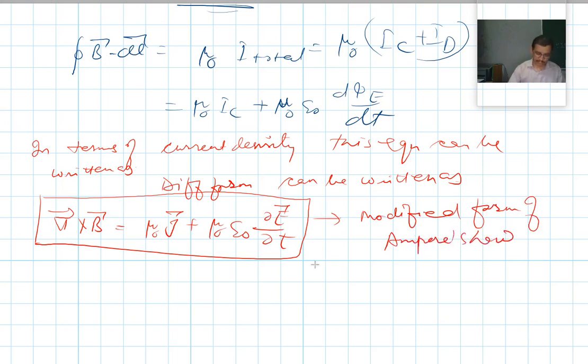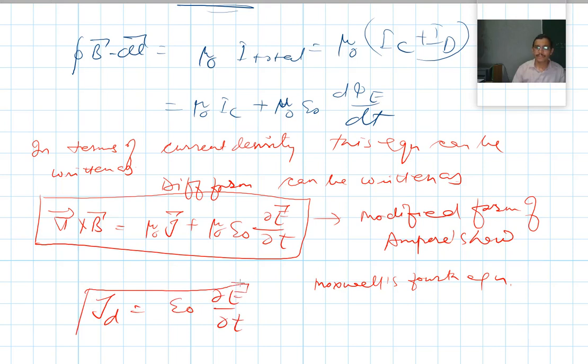This is also known as Maxwell's fourth equation. And here JD can be written as epsilon naught partial E by partial t. This is the current density corresponding to displacement current, right?